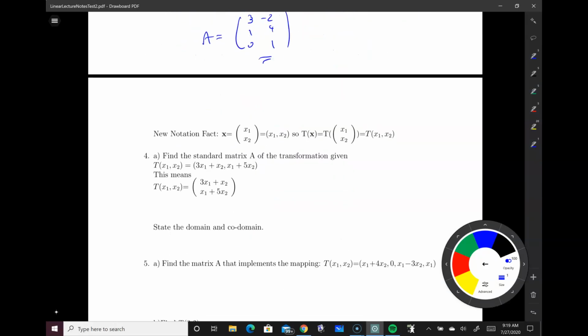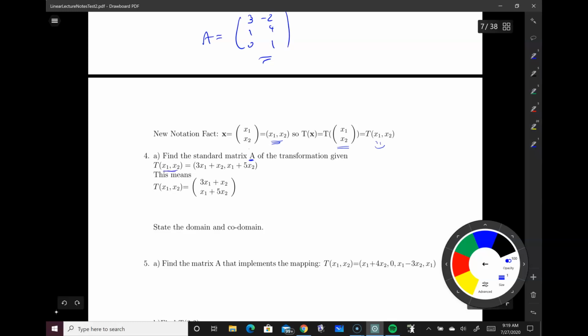All right, so more new notation facts. Writing the column vector, we're going to write it sideways as x1, x2. So instead of writing this, we like this better. Here A is the transformation, and this is what the transformation does.